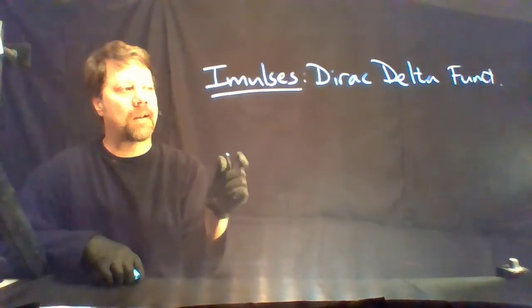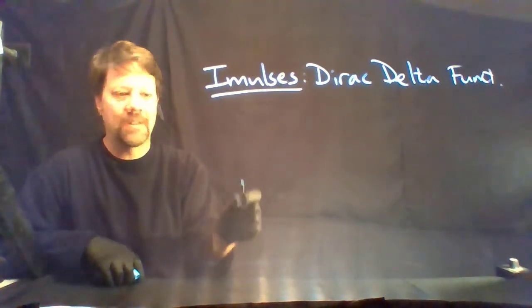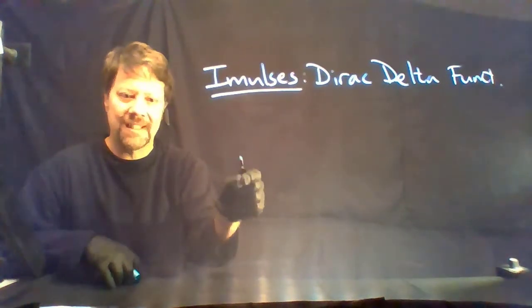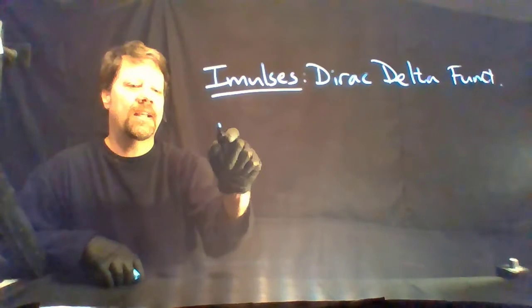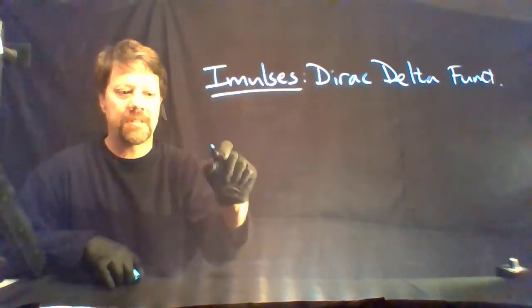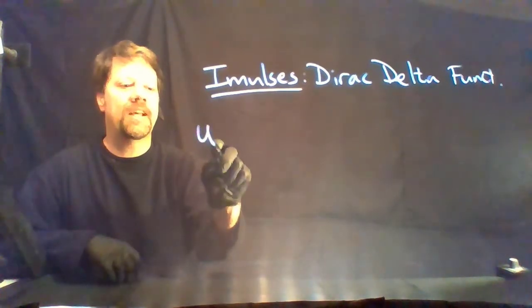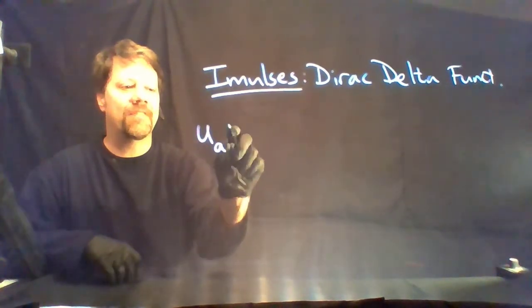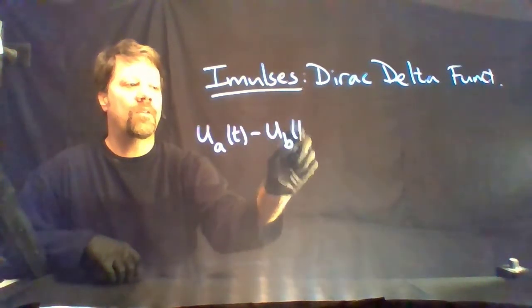We want to model a force of some measurable value that occurs at one particular point. To do that, we're going to look first at little bumps, little square waves, little digital signals. Suppose I have UA of t minus UB of t.